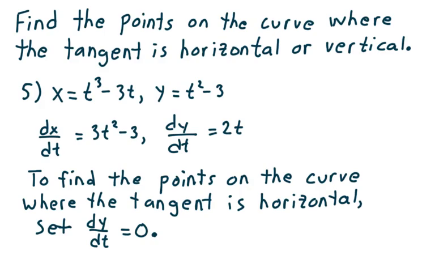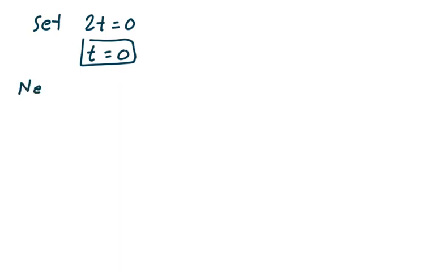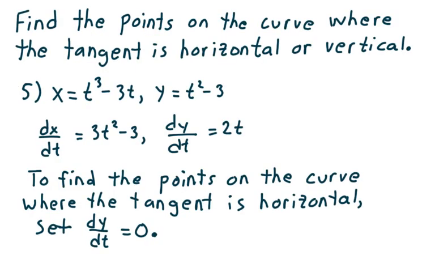So in other words, if we go back, notice that dy/dt is equal to 2t. So we're going to set 2t equal to 0. Solve for t, we get t equals 0. Now, we need x and y. Well, if I go back to the original parametric equations, I'm going to replace t with 0.